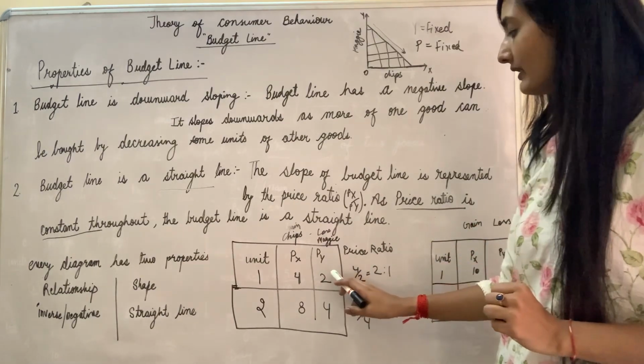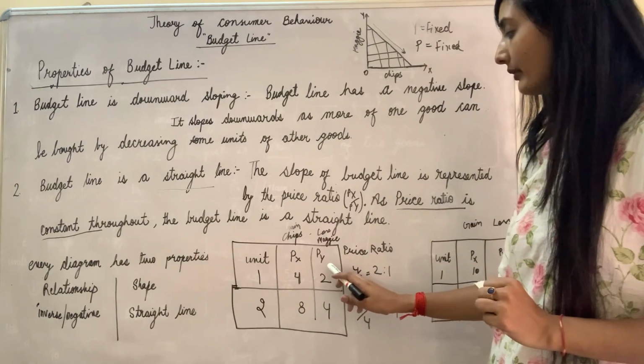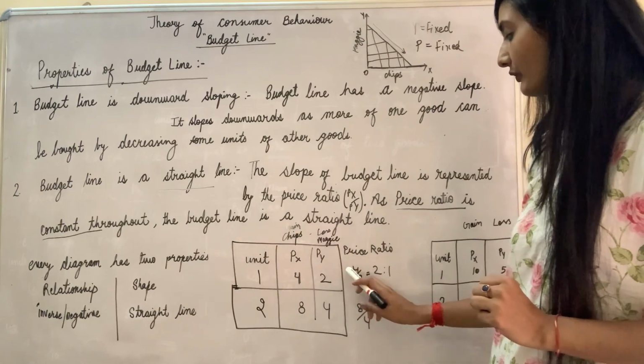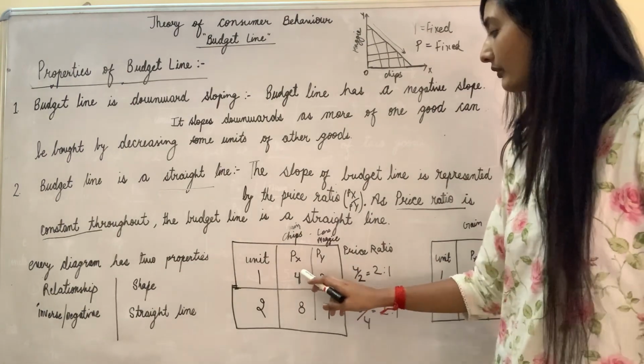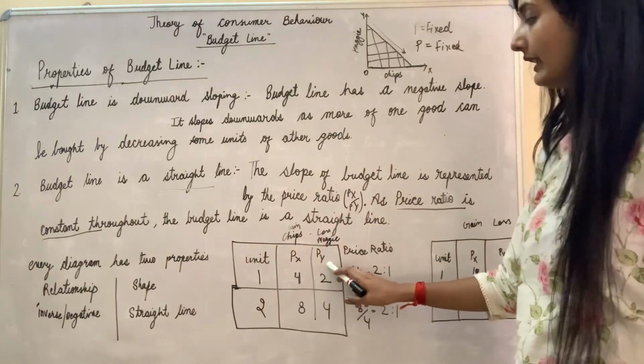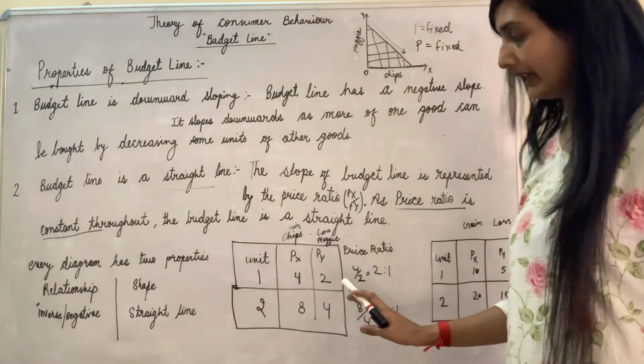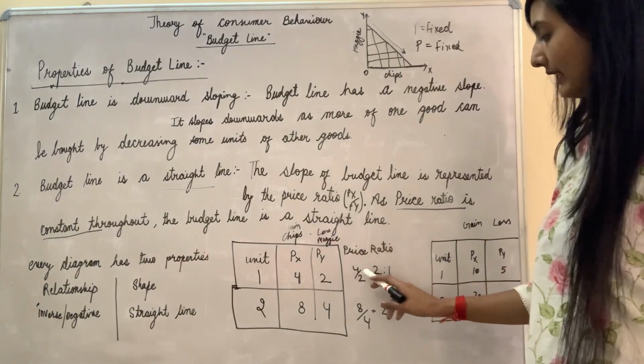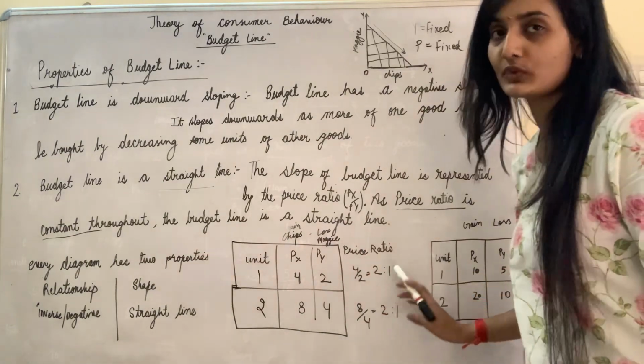So the price ratio of chips and Maggi is 4/2, as 4 is the price of chips and 2 is the price of Maggi, and price ratio is defined by gain by loss, so 4/2 is equal to 2:1.